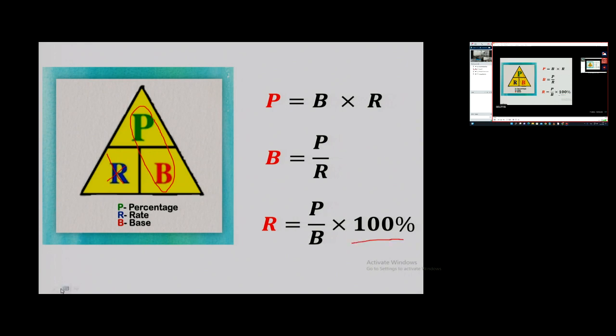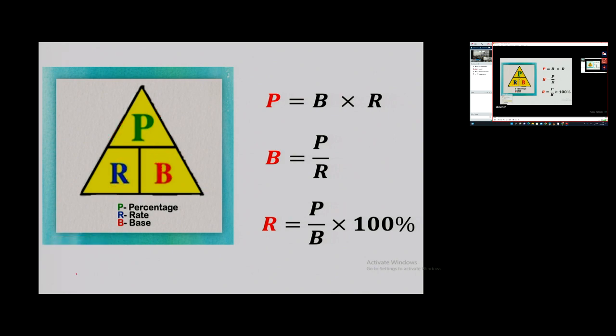That's why I added that. And if you want to find the base, that is P divided by R. That is why we have that triangle for you to remember easily.